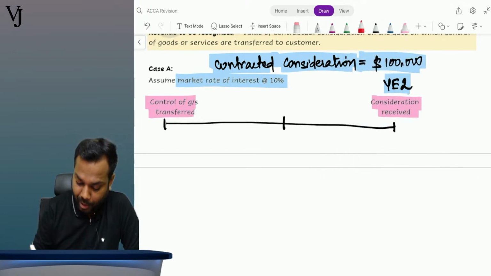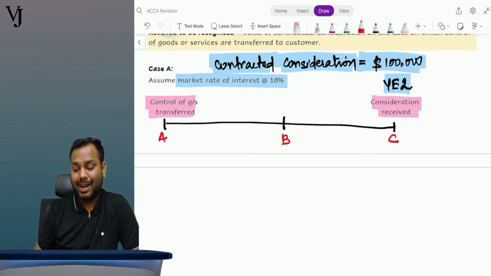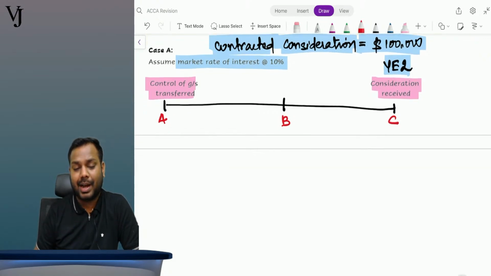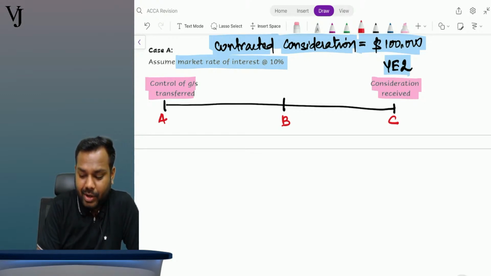This is point number A, this is point number B, this is point number C. Tell me, at what point do you think I will recognize revenue? A, B, or C?